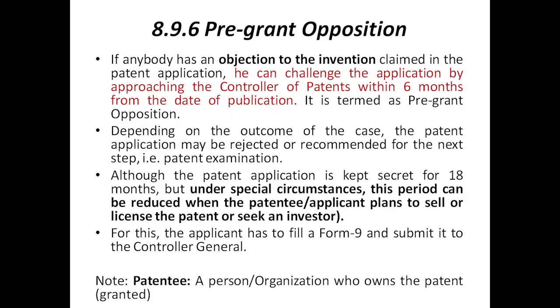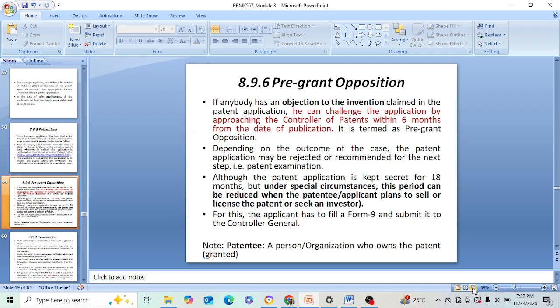If it is proven guilty, your application will be rejected, or else it will go to the next step, that is patent examination. It will not go automatically. The IP attorney, your agent, or you individually, however you have applied, have to write again to go for the next step, that is examination, which we will discuss in the next class.